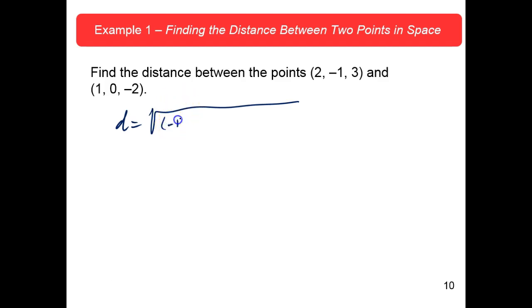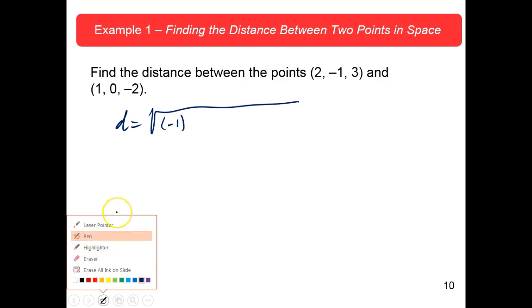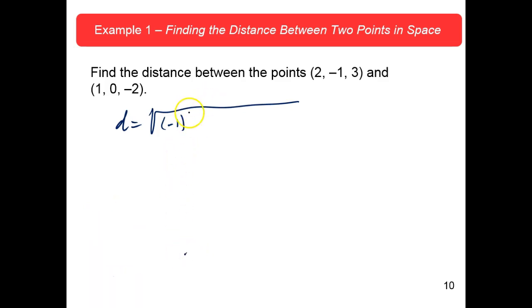Okay. Negative 1. Okay, say that again. Okay, and what's that? Oh, well, you were going to square that? Is that what you were saying? Oh, yeah. Okay, got it. Okay, that squared.